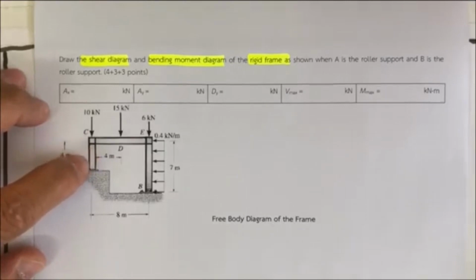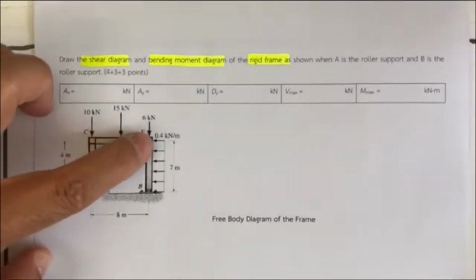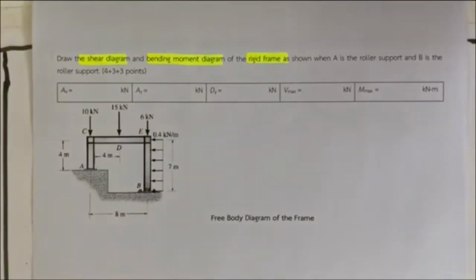For example, like this one, you need to consider these 1, 2, 3, and 4 segments. So you need to cut this structure 4 times and determine the 4 equations of shear force and the 4 equations of bending moment. And then you put all the values from the equations into the graph, and finally you get the diagram.